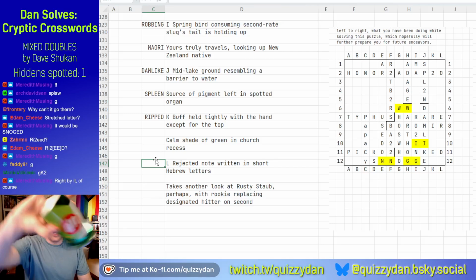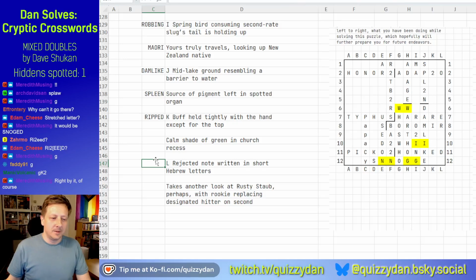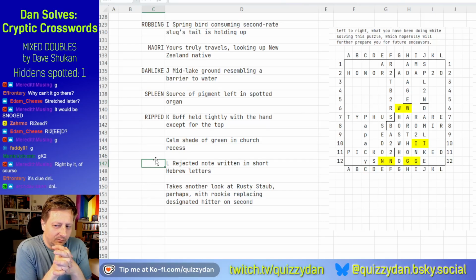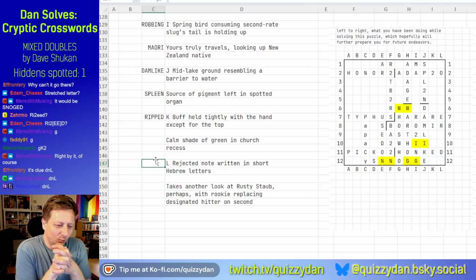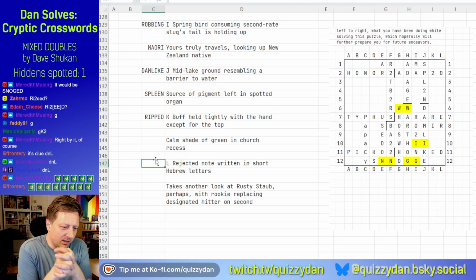So if this is kind of 7 up, this is clue L down. Hebrew letters is going to be the definition, and I don't know if I know them yet.